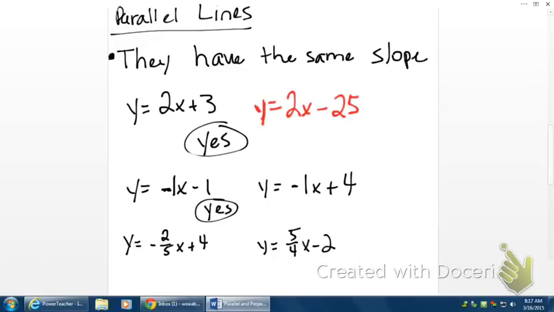Would those two lines, remember this is an equation of a line, be considered parallel? No, because they do not have the same slope. Pretty simple. Does everybody have this one down?